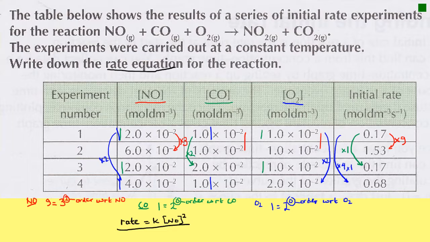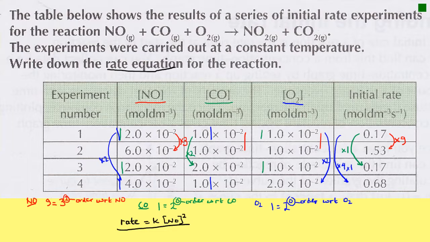So if down here we work out the order with respect to nitrogen monoxide, we do that by saying that the rate has increased by a factor of 9 when the concentration has increased by a factor of 3.